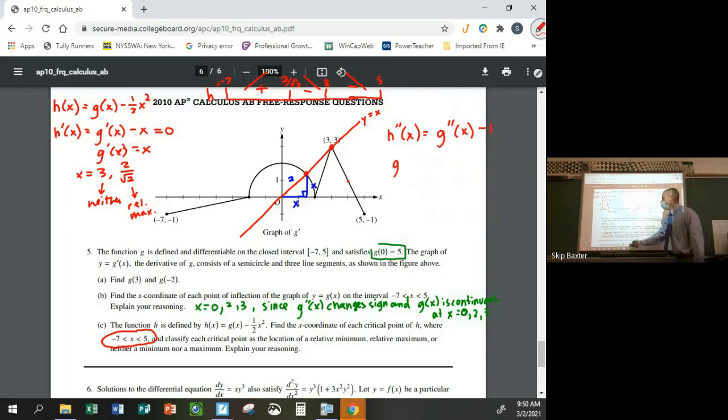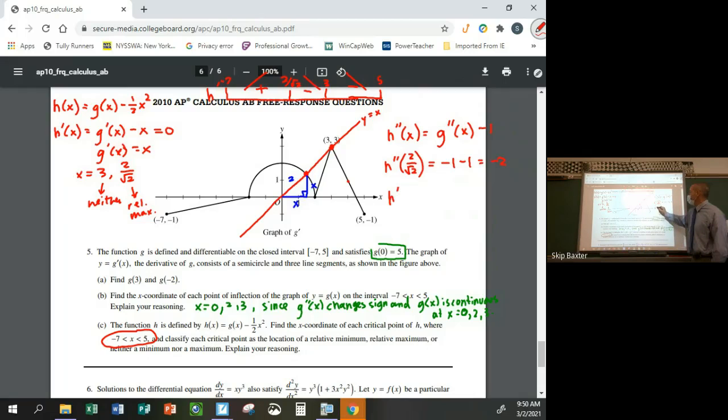So if I took h double prime of 2 over radical 2, it would just be g prime of that, which is -1, which is a negative. So it's a concave down function where the derivative is 0. This has to be a max point. Do you see how that works? That's the second derivative test.